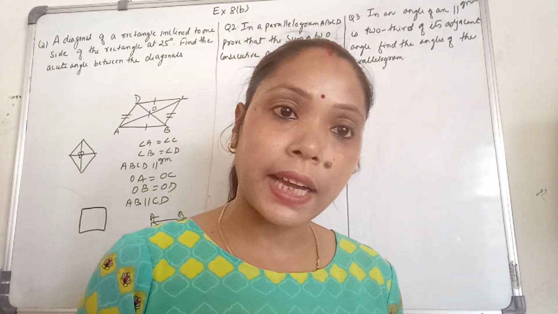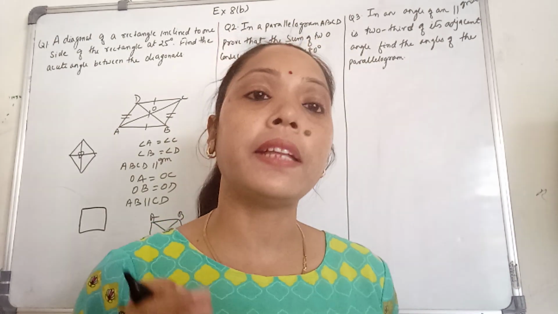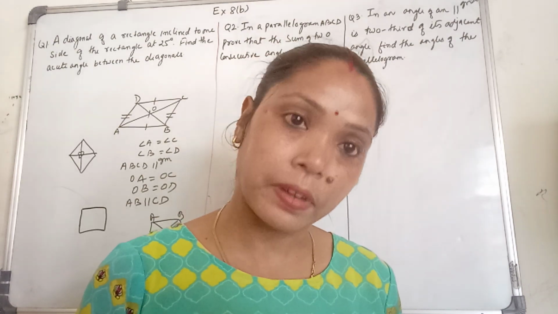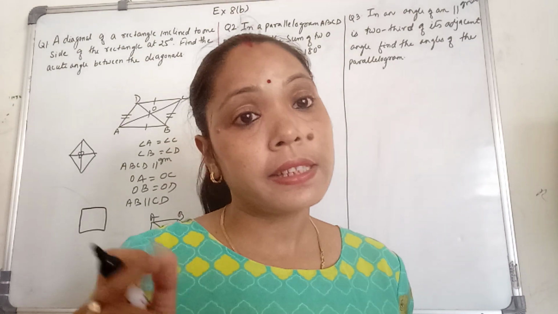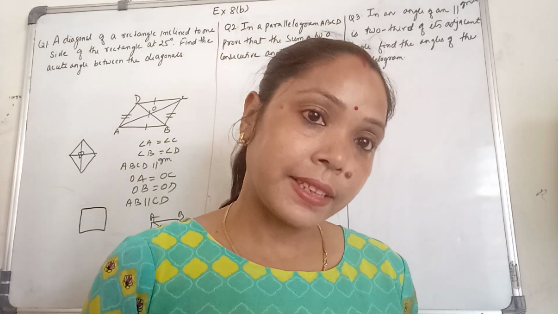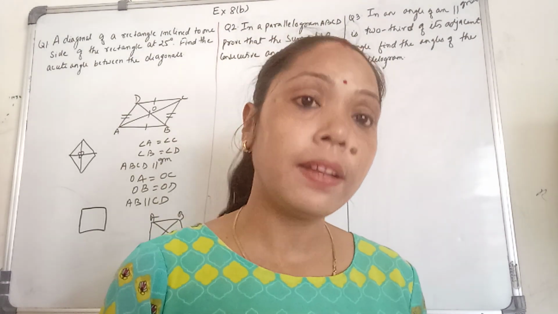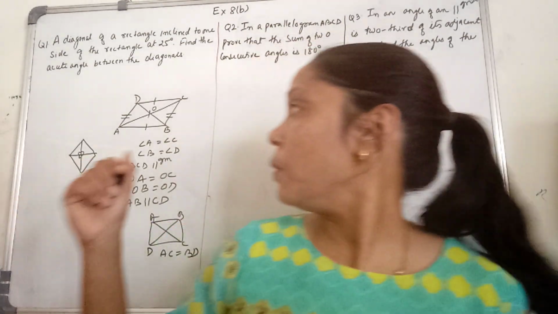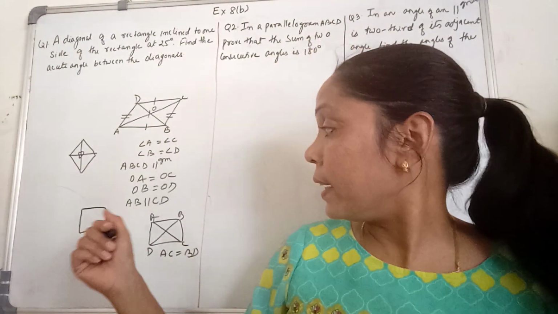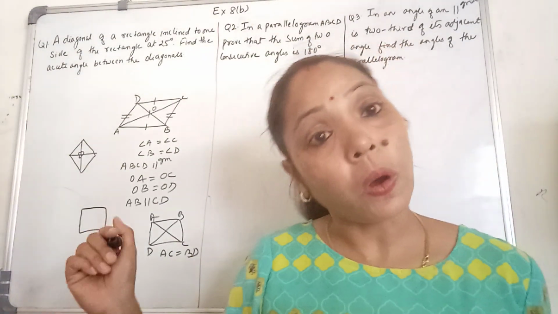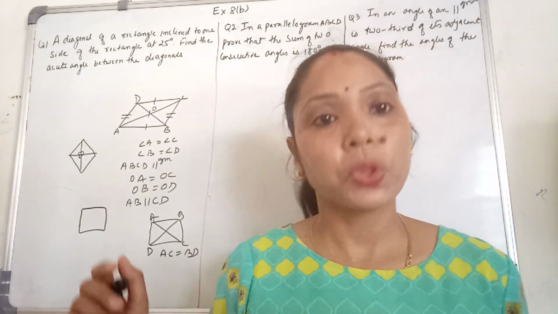If the opposite sides are equal and the opposite angles are equal, then that is considered a parallelogram. If the diagonal lengths are equal, then that is considered a rectangle. If the diagonals are perpendicular, then that is considered a rhombus. And if the diagonal length is the same and also perpendicular to each other, then it is considered a square.